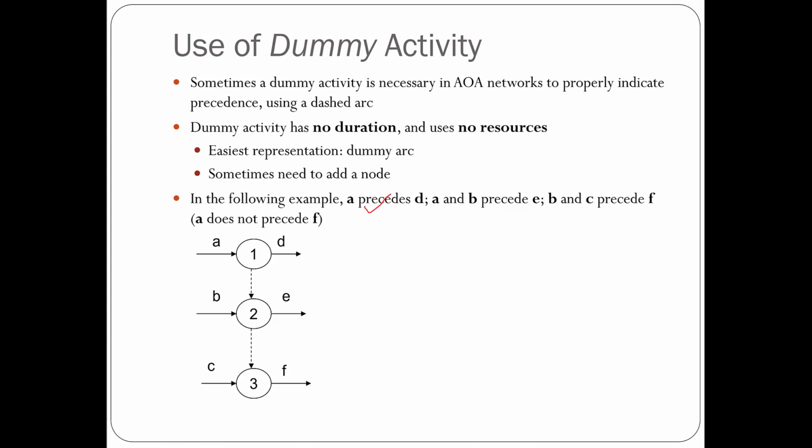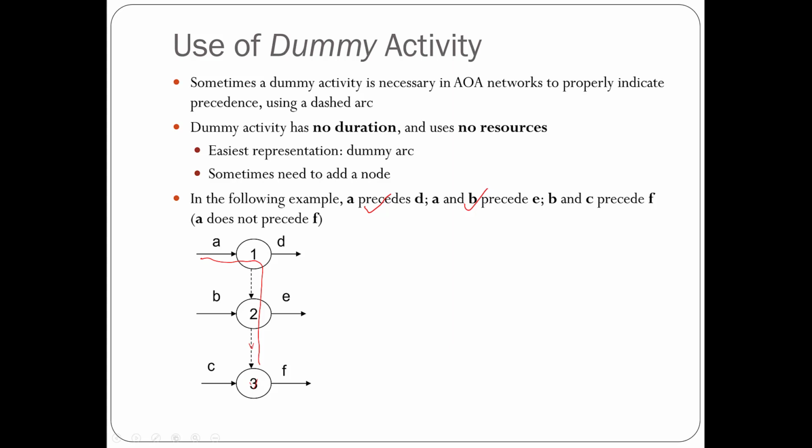So this is correct. Then here, B and C precede F. So F cannot be done until B is done and C is done. However, if we look at this one, we are indicating that A is also a predecessor of F because of this path here, this path with these two dummy arrows.